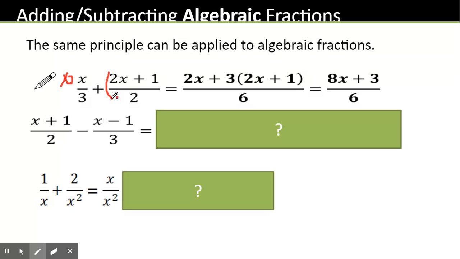And I will be multiplying this fraction by 3 to make the denominators the same. Once the denominator is the same, we can expand the brackets and we can simplify. Hence, the answer is 8x plus 3 over 6.